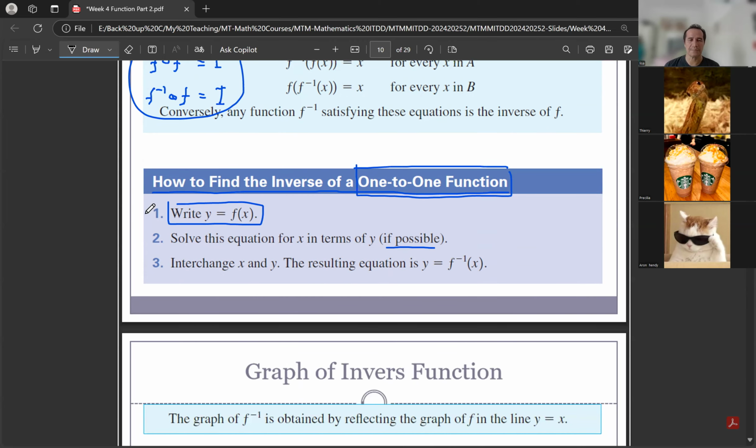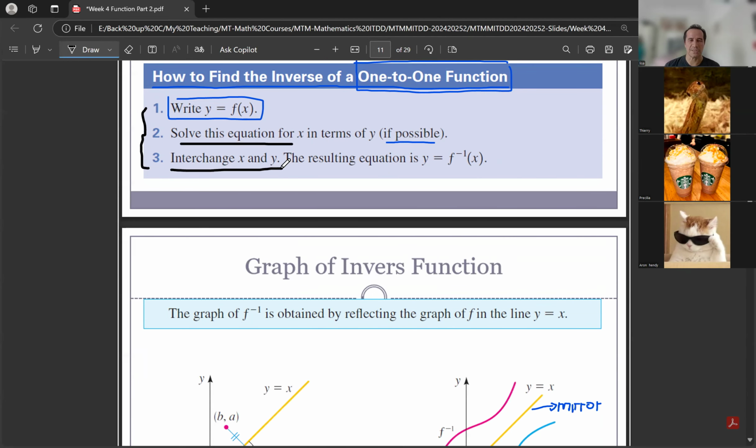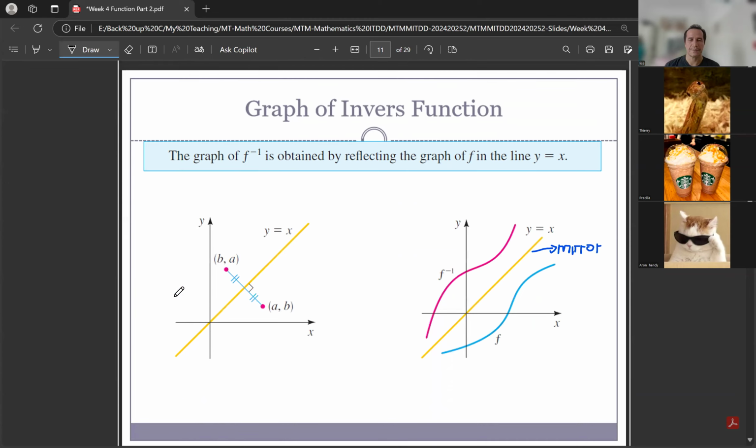And this is how to find the inverse function. We have three steps. Write y is equal to f(x), then solve this equation for x. After that, interchange x and y. And this is how to graph f and its inverse.